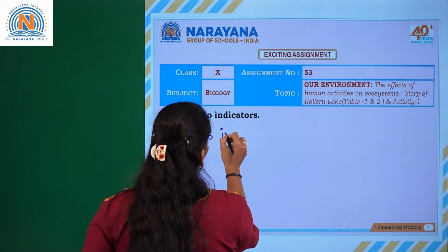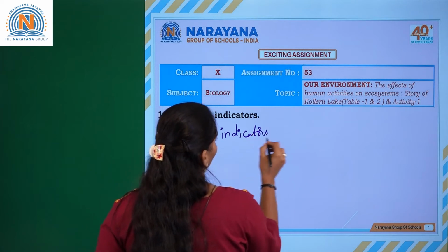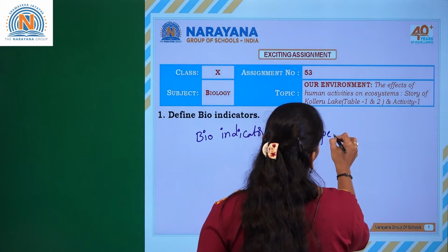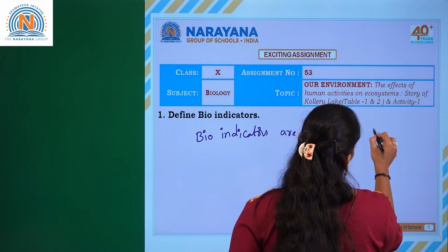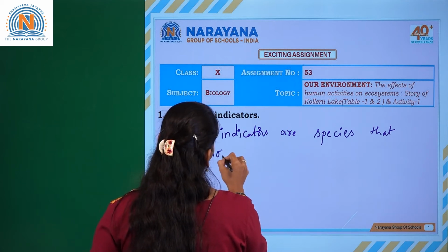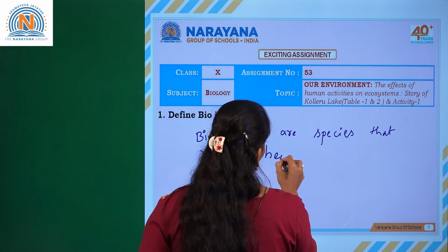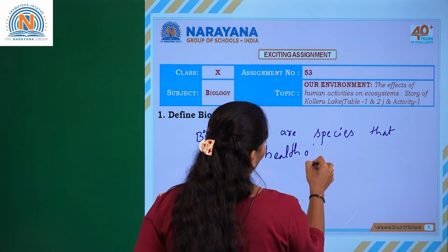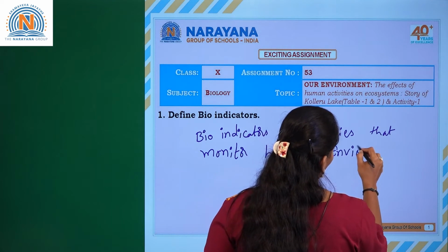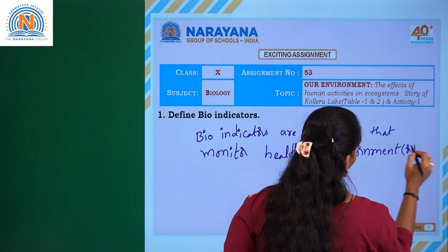Bioindicators are species that monitor the health of the environment or ecosystem.